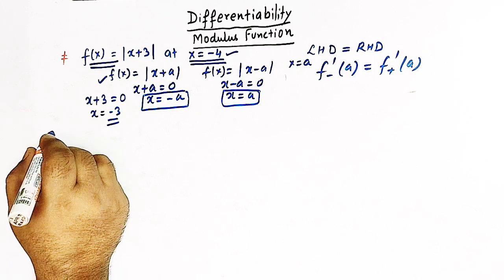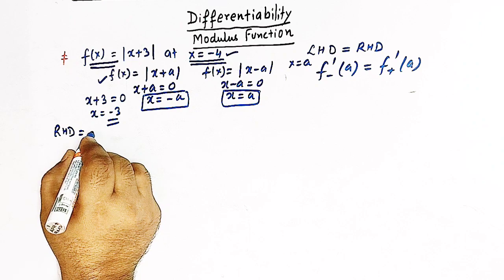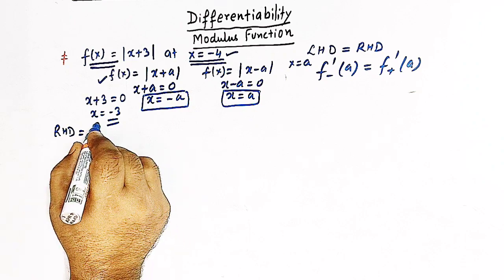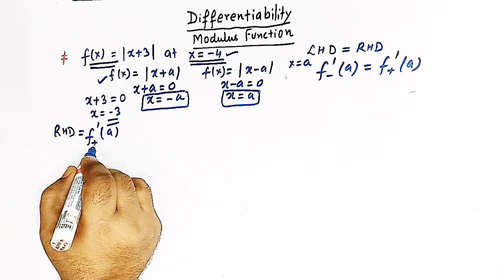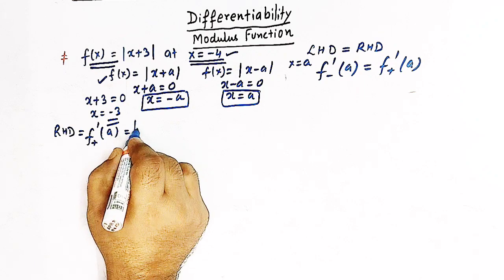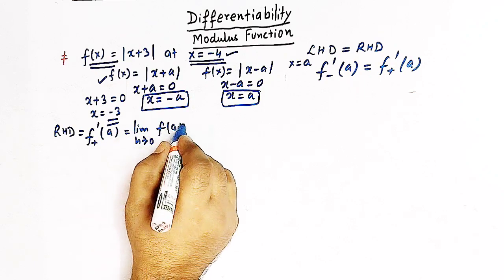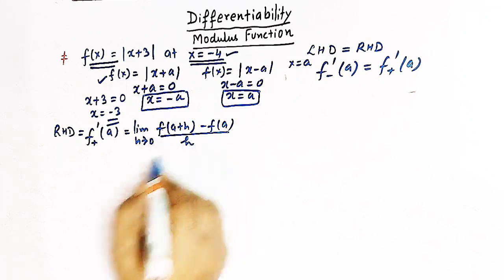Now let us first find the right hand derivative. The right hand derivative is given by the notation f prime of a with a positive sign, and we write limit h tends to 0 of f of a plus h minus f of a divided by h.